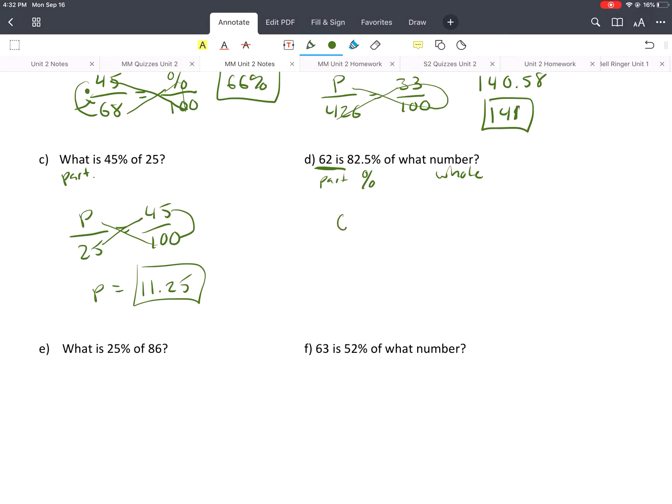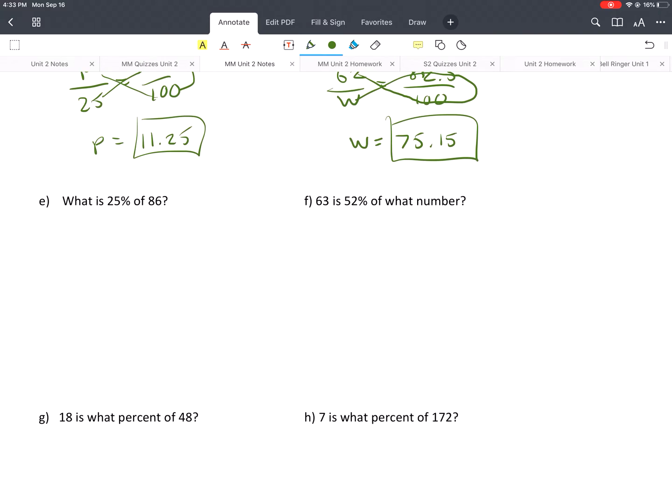So we would do 62 over W equals 82.5 over 100. We'd multiply, divide, equals W. So 62 times 100 divided by 82.5, and that would give us W equals 75.15.